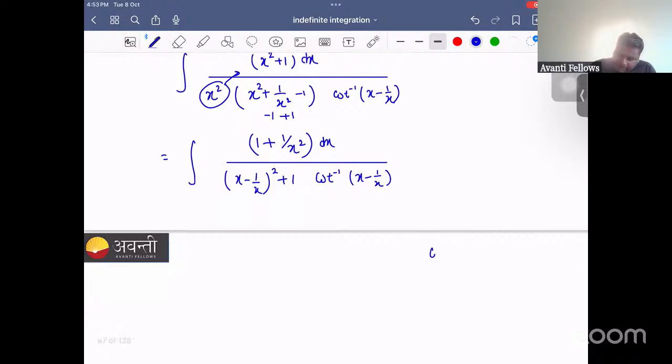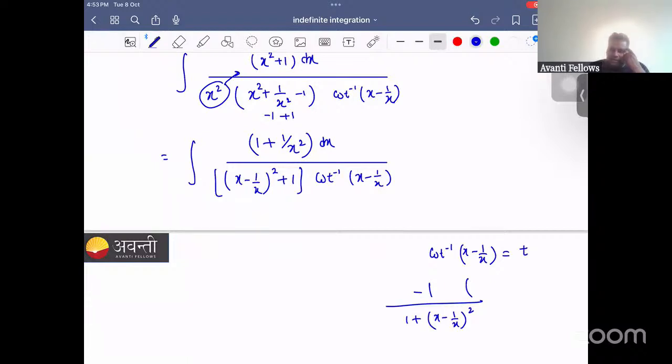Now if I take this cot inverse of x minus 1 by x whole as t, its derivative will be minus 1 upon 1 plus x minus 1 by x whole square, times derivative of x minus 1 by x, which is 1 plus 1 by x square dx, as dt. So now you see this 1 plus 1 upon x square dx upon whatever there is in the denominator, this whole quantity is dt upon t.